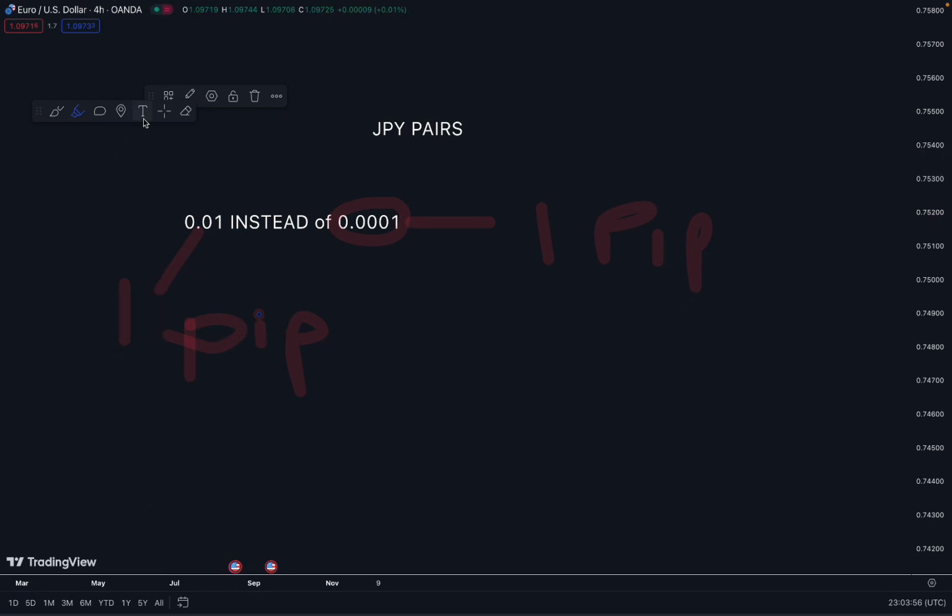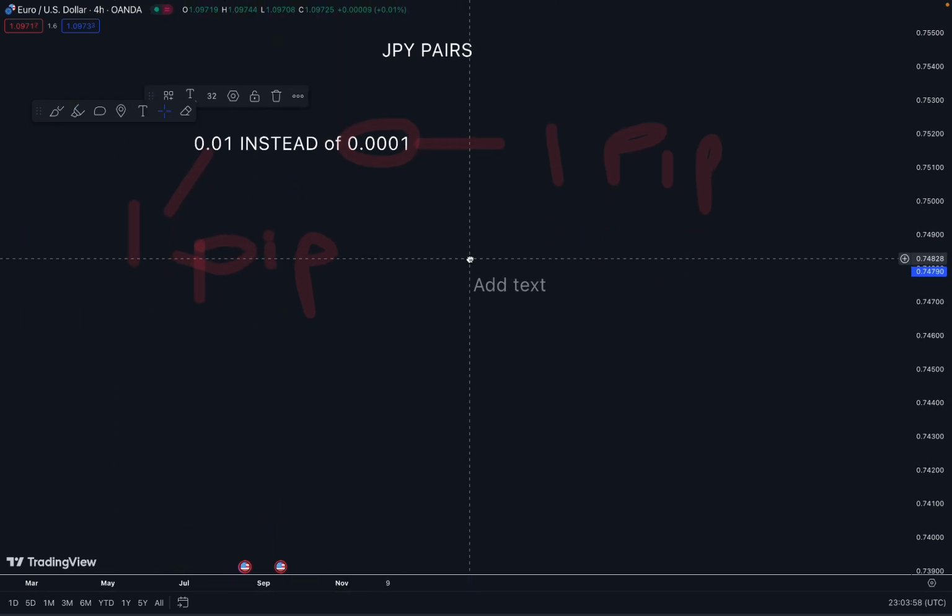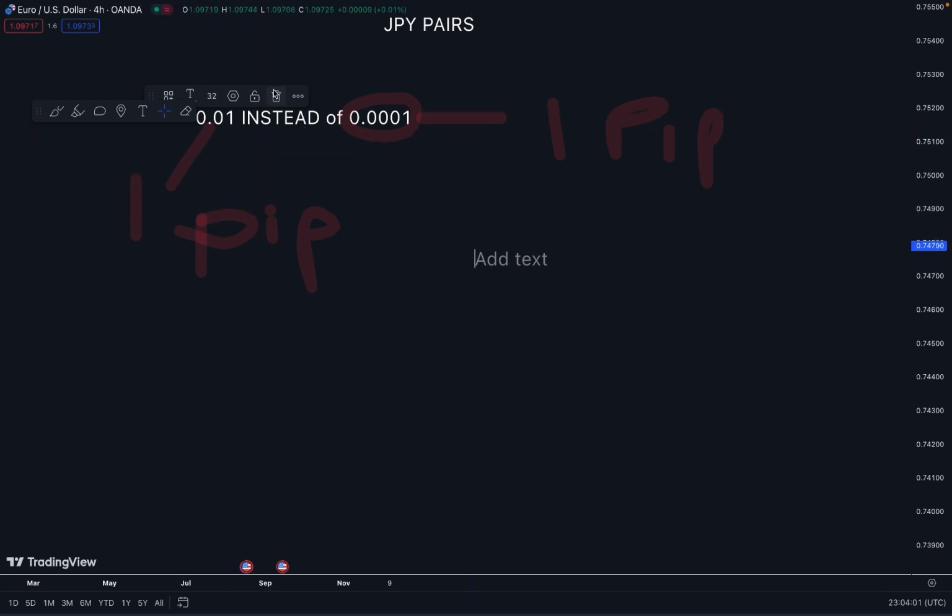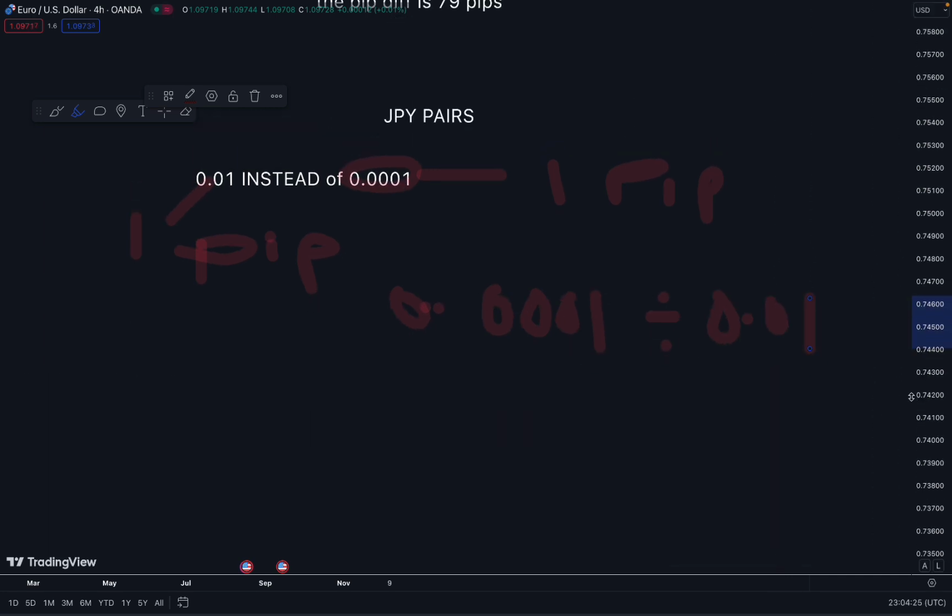So the reason why we have 0.01 as 1 pip of the yen pairs is because 0.0001 was divided by 0.01, so that we can give it a value.